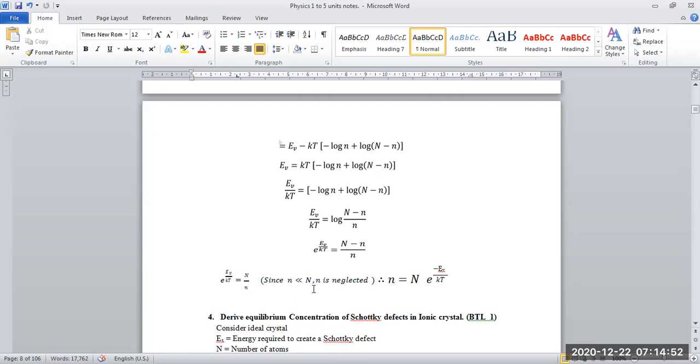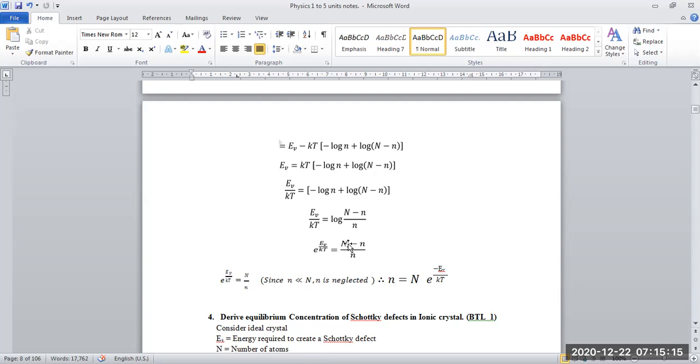Capital N is the total number of atoms and small n is the number of Schottky defect atoms. The defective atoms are very small compared to the total number of atoms in the metal. So n is very, very small compared to capital N. So what you can say is, small n can be neglected. This term can be neglected.